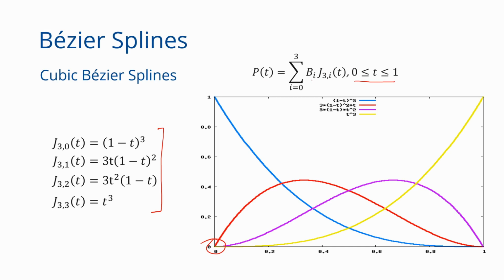So the curve passes through the first control point. Similarly, if you substitute t equal to 1, you will find that all the basis functions except J33 go to 0. So P(1) is equal to B3. So it will also pass through the last control point. These points are easy to prove.